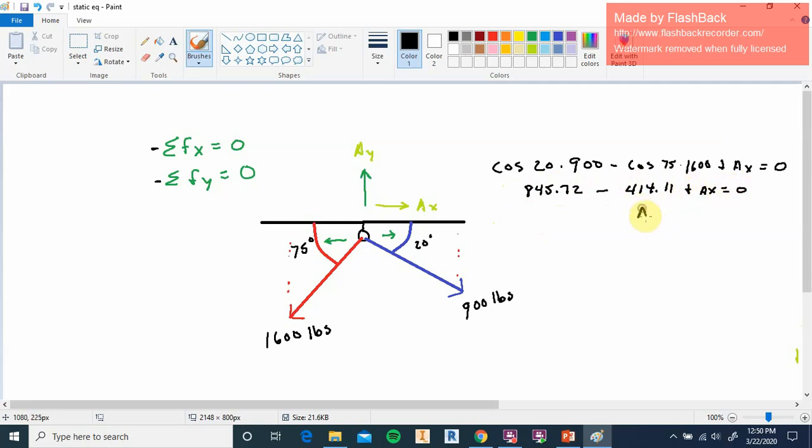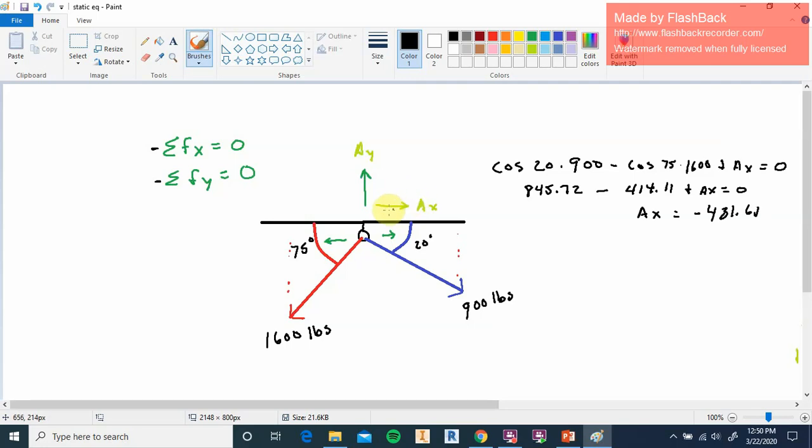And so if we were to work that out, we would find out that AX is equal to, let me get my calculator here, negative 431.61.